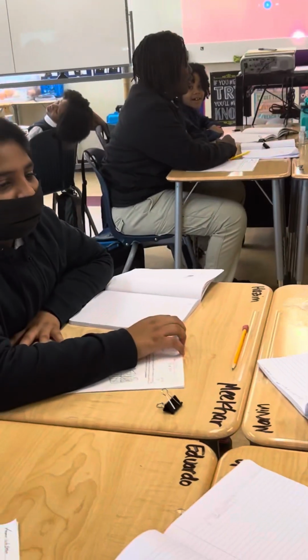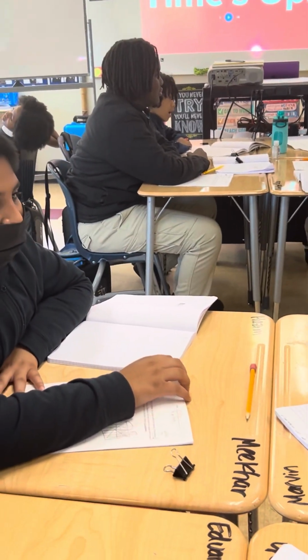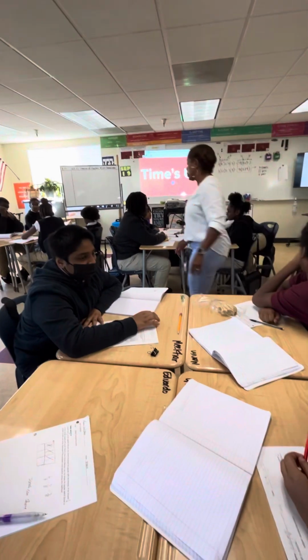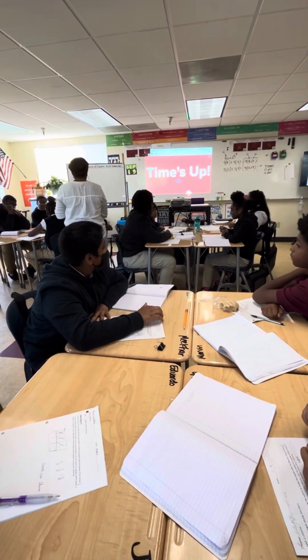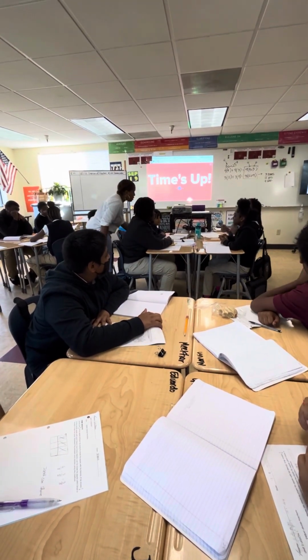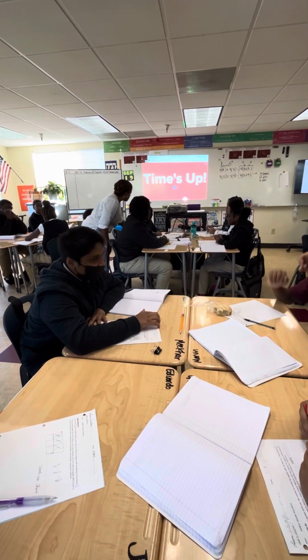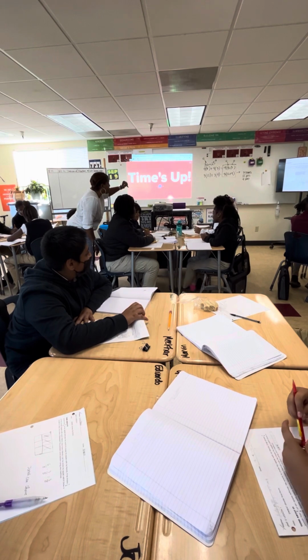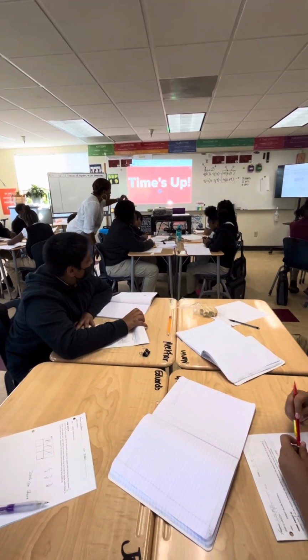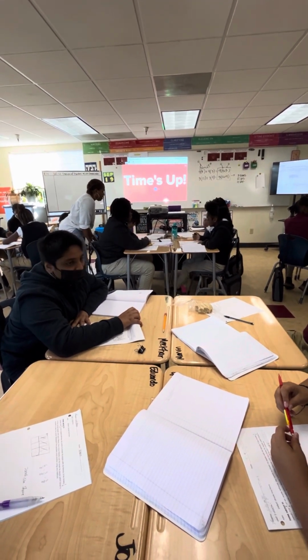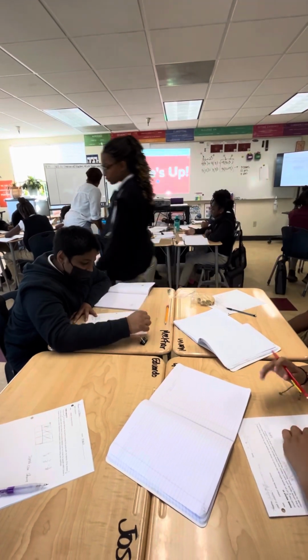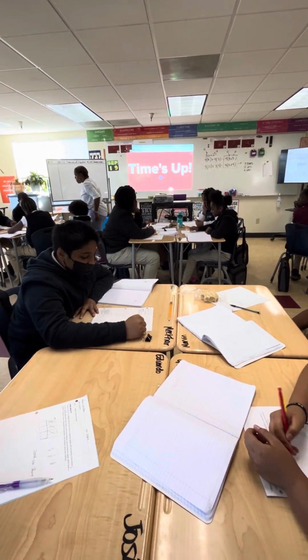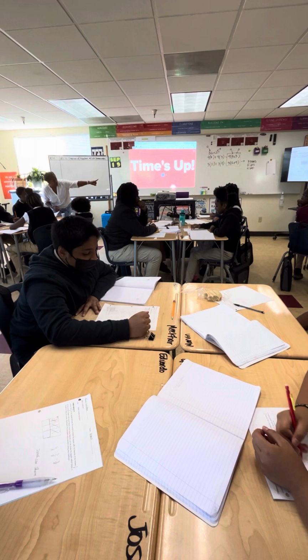So I see that they drew a bar. I want to know why you drew three of those parts, because that's how many people want to share with each friend.